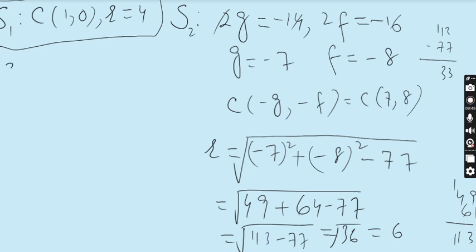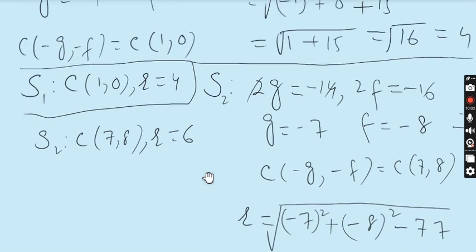So for S2, the center is 7 comma 8 and the radius is 6. So this is the first requirement of the question: find the radius and the center of both the circles.